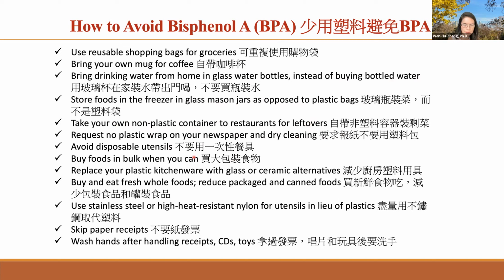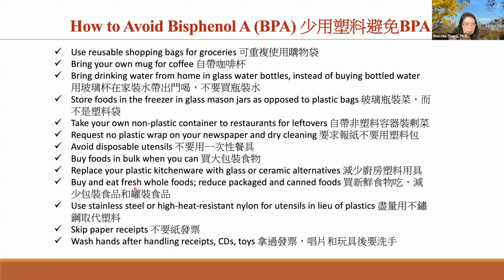We don't use this newspaper anymore. Avoid disposable utensils. You may also want to bring your own utensils to restaurants. And buy foods in bulk to reduce plastic packaging. Replace plastic kitchenware with glass or ceramic alternatives.